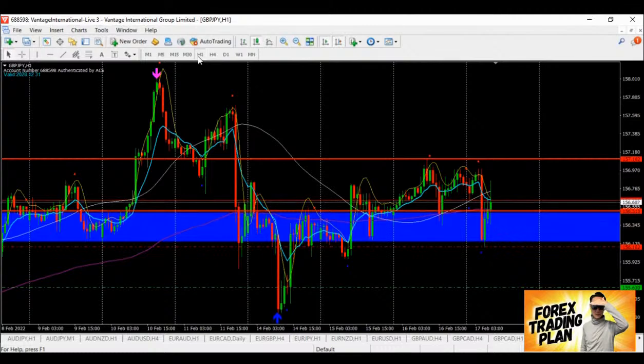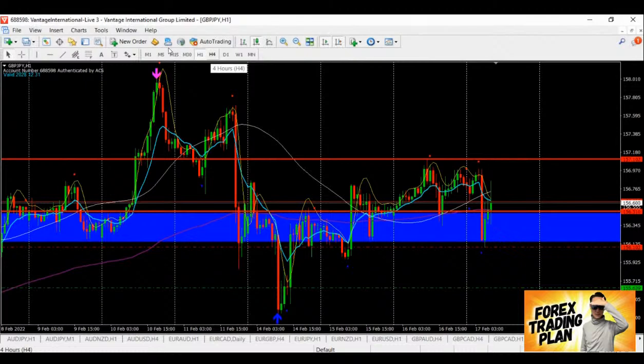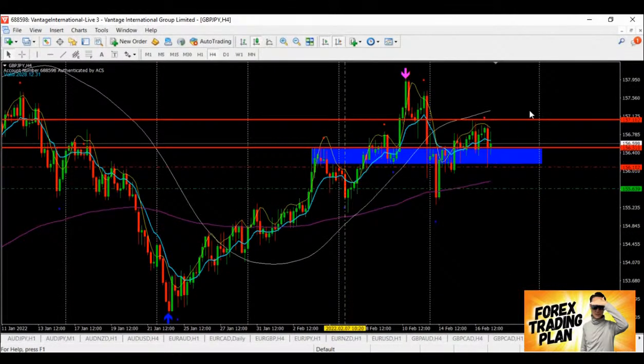I won't trade. Unless you get out of this zone, the next thing is that we have to look at where is the transition zone again. My blue color box here is my transition.